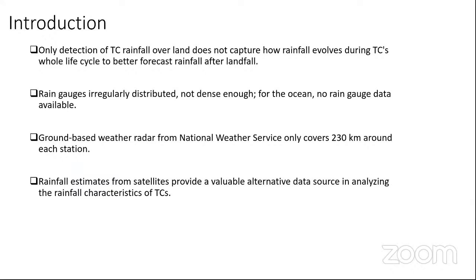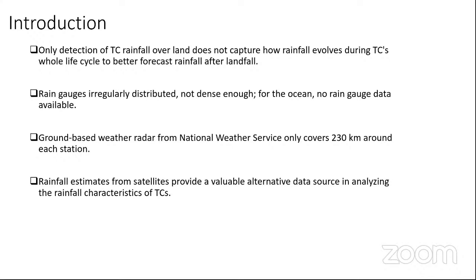Furthermore, if we want to examine how rainfall evolves during the TC's whole life cycle to better forecast the rainfall after landfall, only detection of the TC rainfall over land is not enough. So we need a data set that can detect the TC rainfall both over land and over ocean in order to capture the rainfall change of the whole TC life cycle.